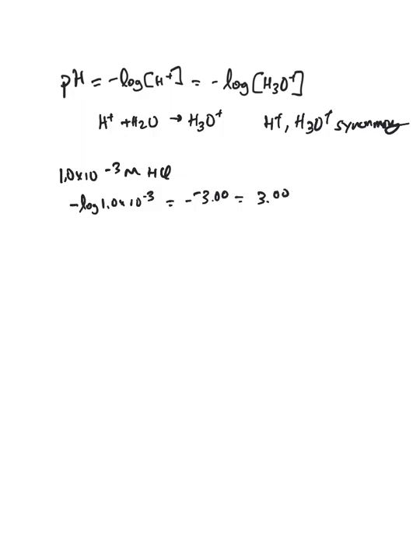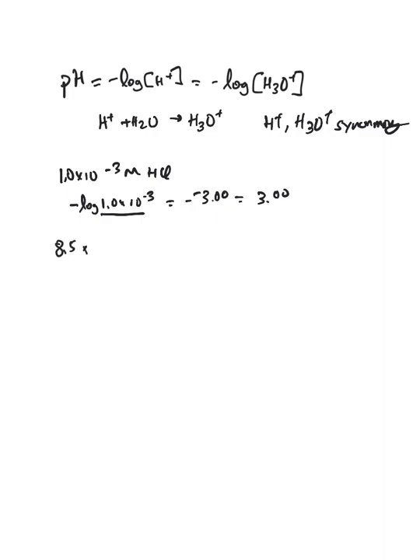You can get that by using your calculator, or if you remember that the log of 1 is 0 and the log of 10 to whatever power is just the power, then you've got the log of minus 3, and pH is minus the log, so 3. And so you can do it in your head if you have a 1.0 concentration to whatever power of 10, or you can use your calculator.